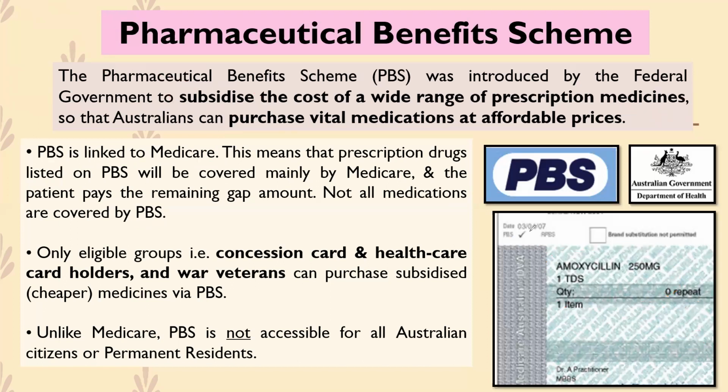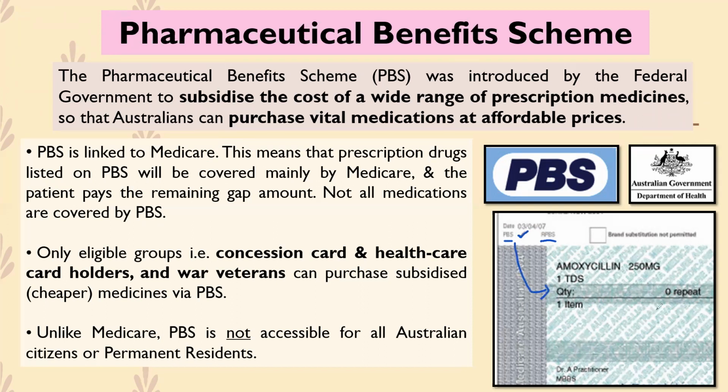Okay, when you get your prescription next time at the doctor, you might notice two boxes, okay? There's a box that says PBS, I don't know if you can see it, and then one that says RPBS. If your doctor ticks the PBS box, what that means is when you give this to the chemist, they see the tick and will give you this medicine at a cheaper cost.